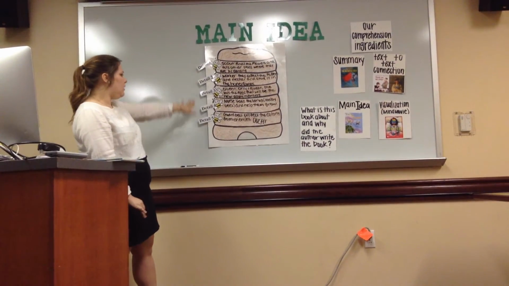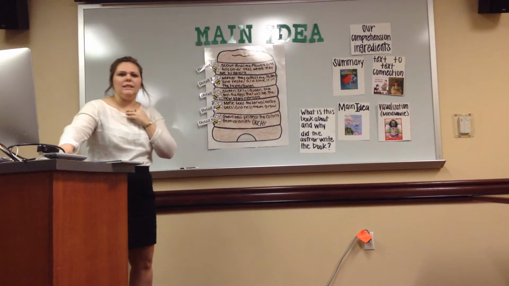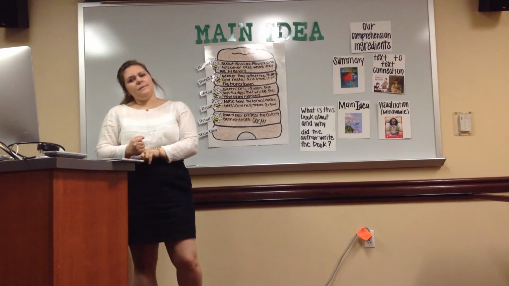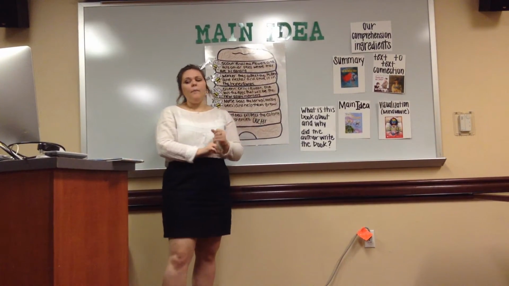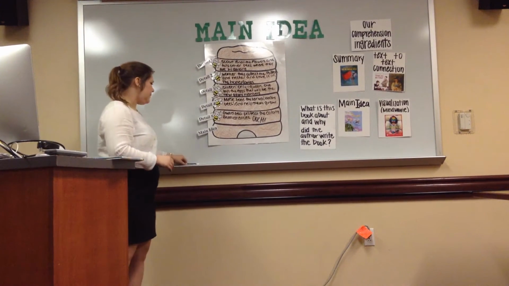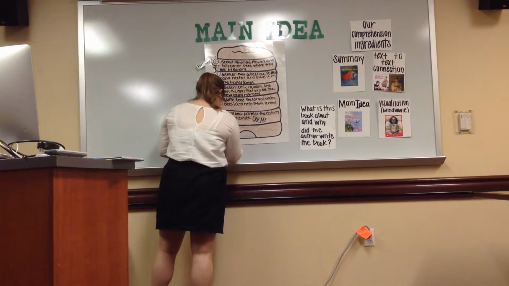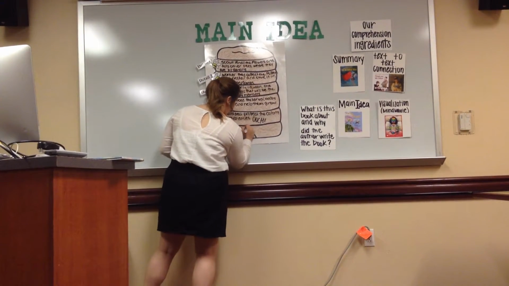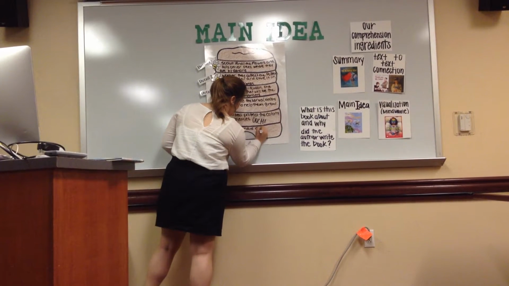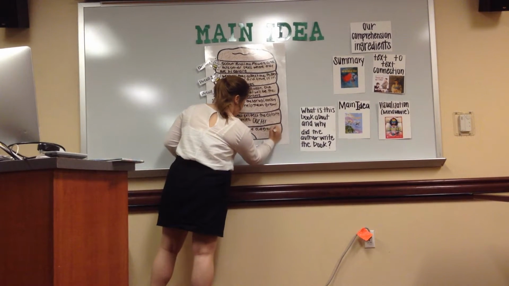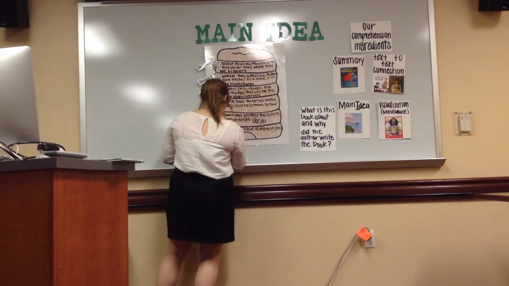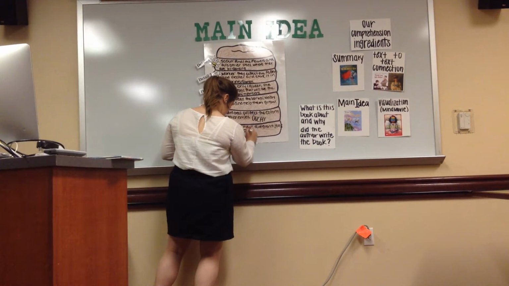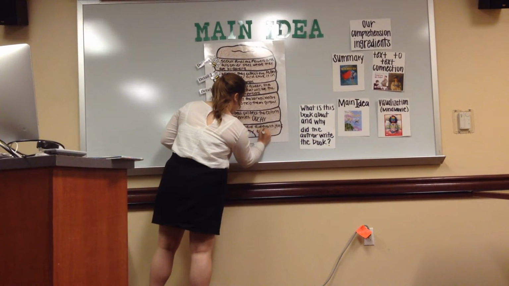So after looking at all the details, we're going to think about what the main idea could be. Now, it could be about bees, it could be about honey, but I think that the main idea is that the honeybees all have different jobs to help the colony succeed.